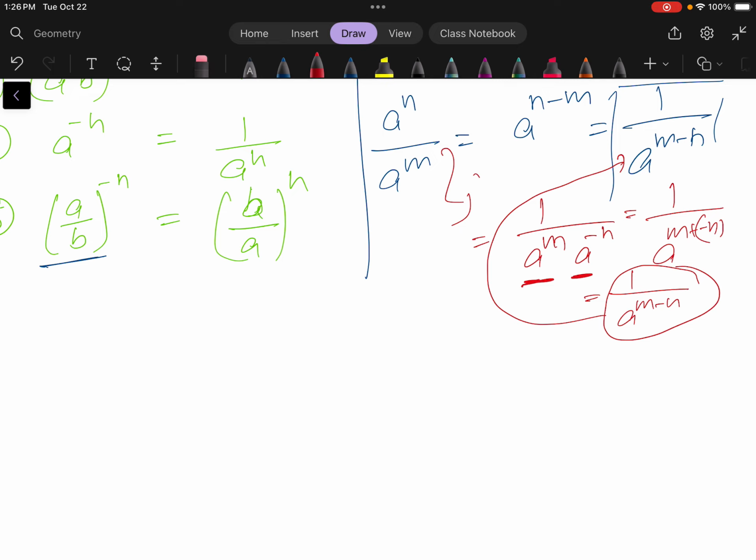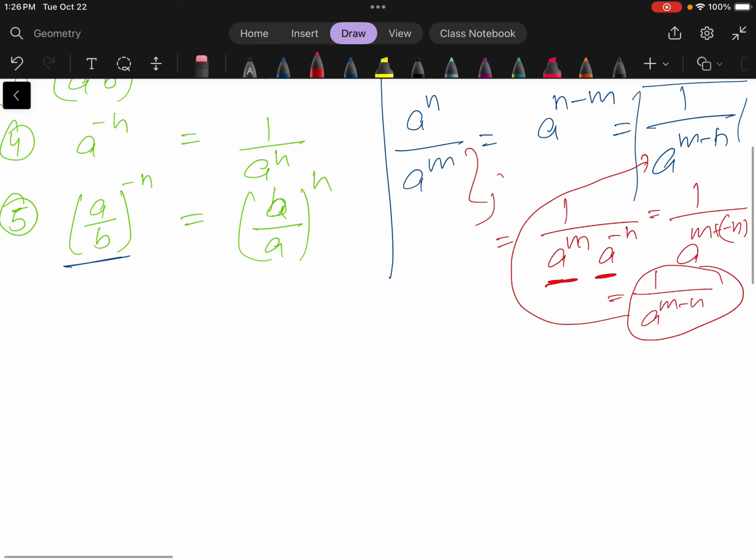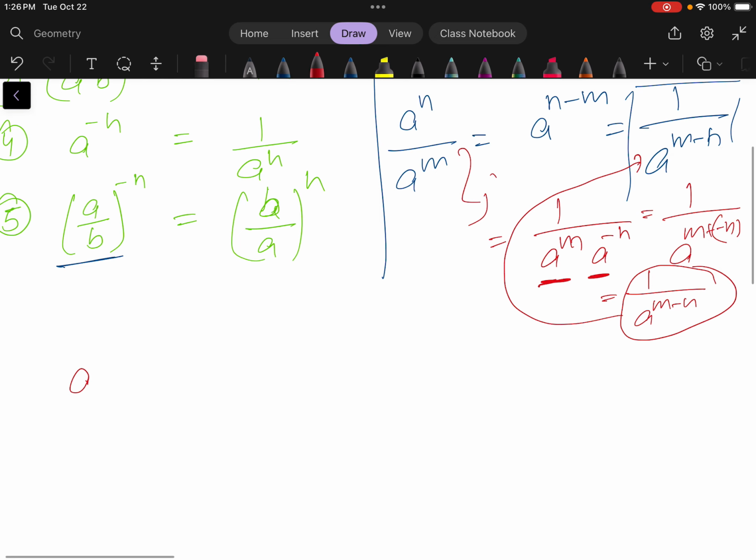The other formula we have here: if anybody writes a to the power 0, it is equal to 1, where the condition is a not equal to 0. Okay, if anybody says 0 to the power 0, it is not equal to 1, so that's not true.